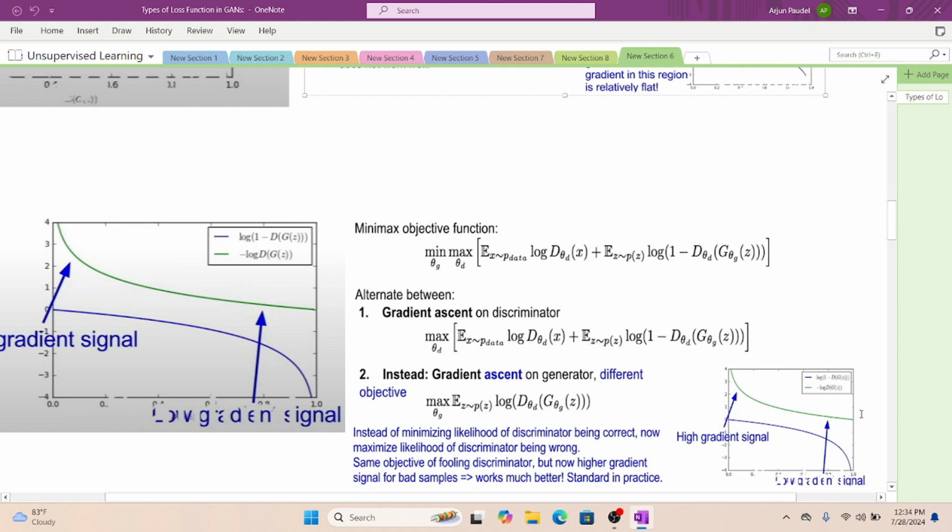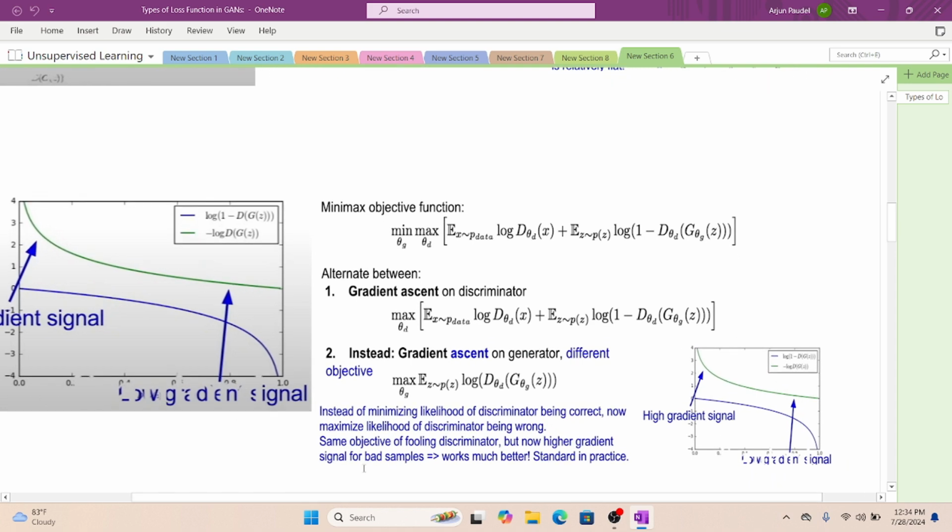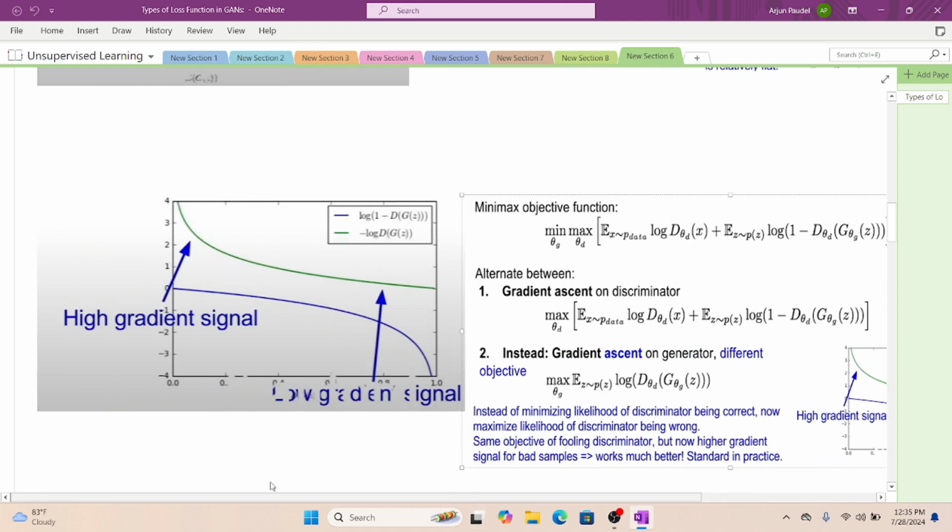When the generator is already doing a good job, we do not need such a dominant signal, and it is relatively flat. Higher gradients for the bad sample work much better in practice. So this is the modified GAN loss, guys.